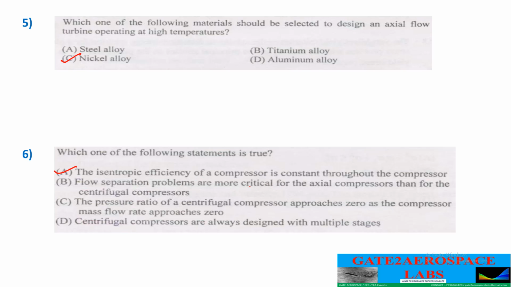The flow separation is critical in axial flow compressor, and the pressure ratio of a centrifugal compressor approaches 0. No, this is also wrong. Then centrifugal compressors are always designed for multiple stages. No, it will be very complicated if you design the centrifugal compressor for multiple stages.